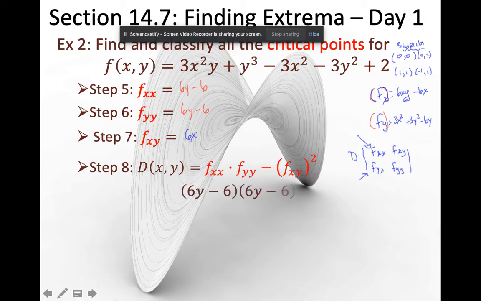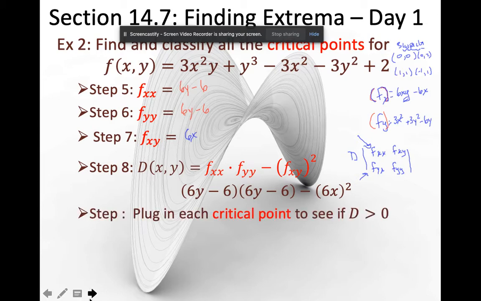So there I go. Second derivative with respect to x, second derivative with respect to y, second derivative of x with respect to y. And I'm just going to plug in each one of my points and see if I get a positive second partials. If I get a positive second partials, then I need to go to either step 5 or step 6 and plug in my suspects.